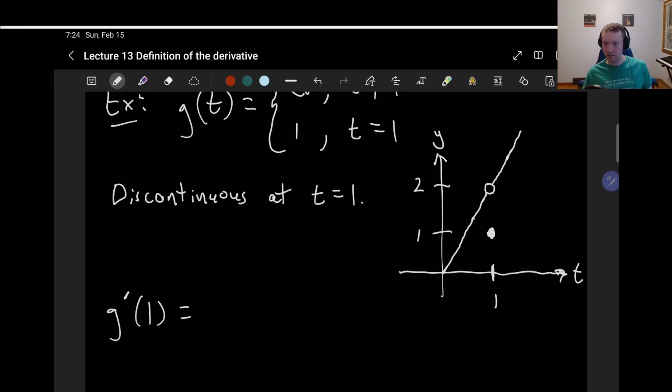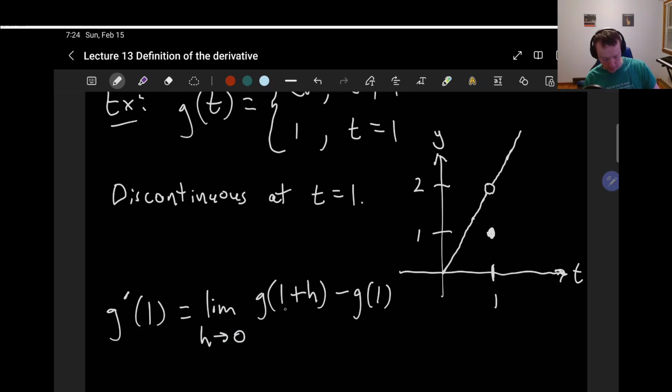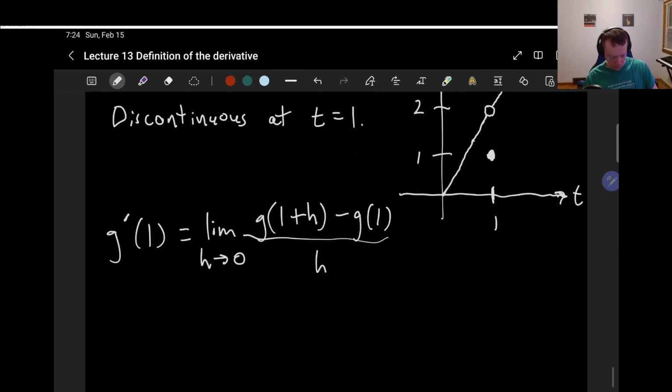So let's attempt to calculate g prime of 1, the derivative at t equals 1. Right, so this is my particular t value. So this is a slight change in y over a slight change in x, or t in this case.